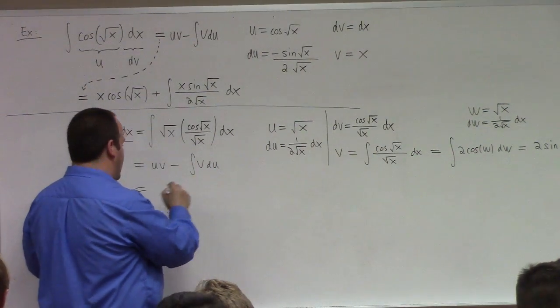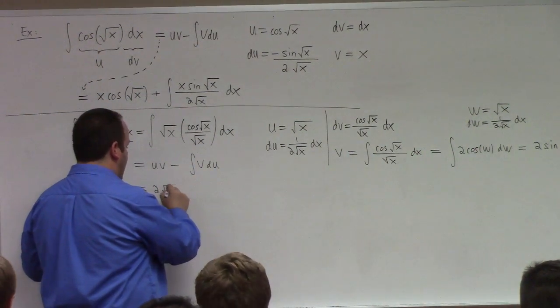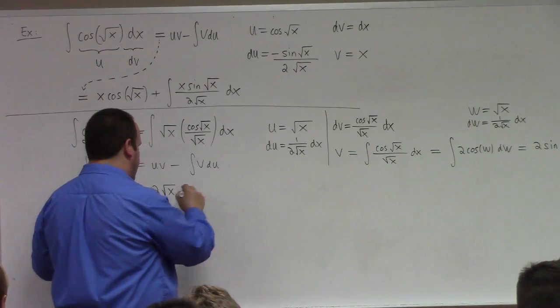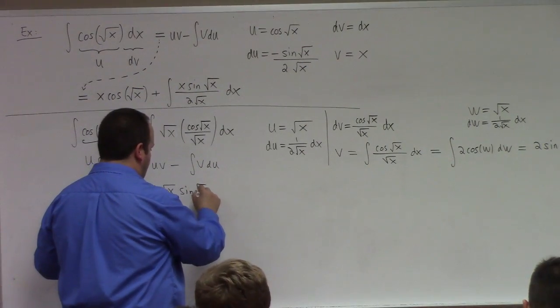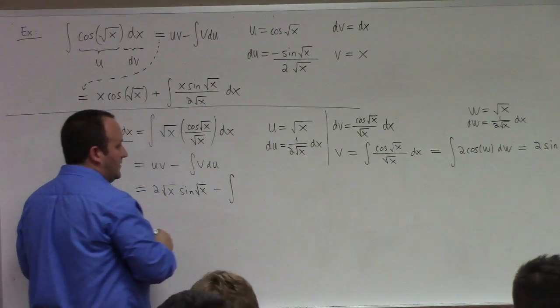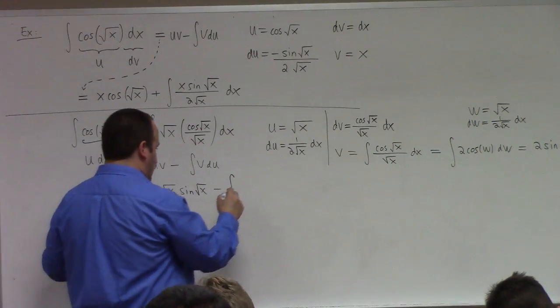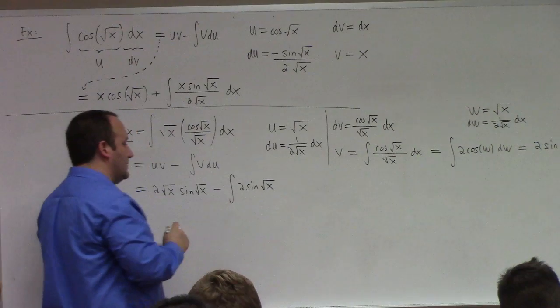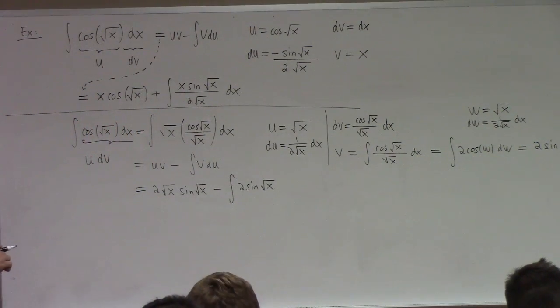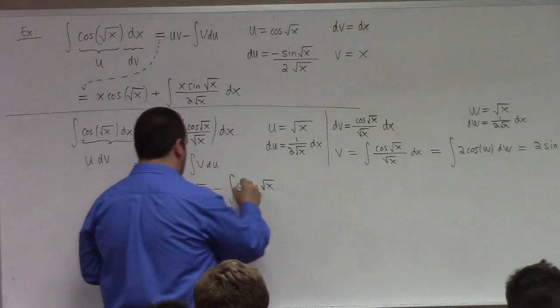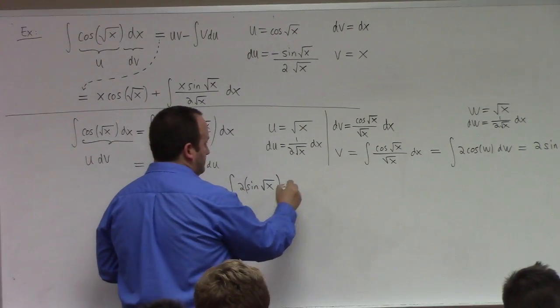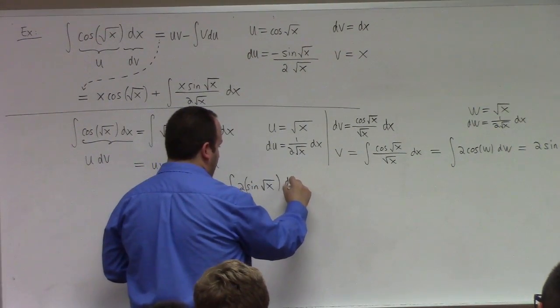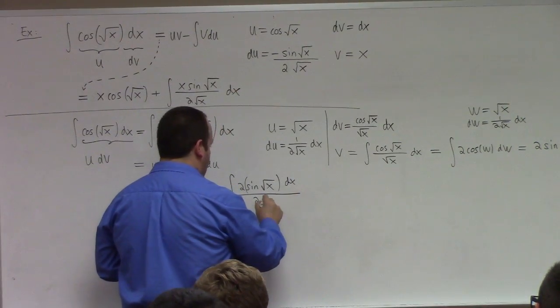And there we go. So we've got 2 square root of x, that's my u, sine square root of x, minus the integral of 2 sine square root of x, what was my du? du is dx over 2 square root of x, right?